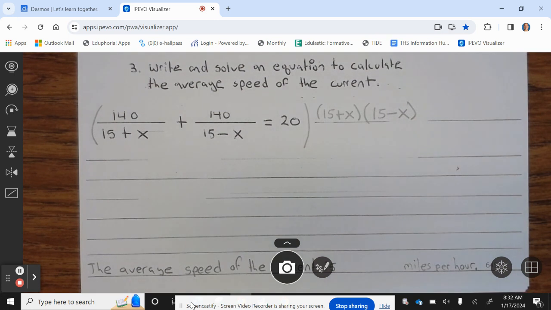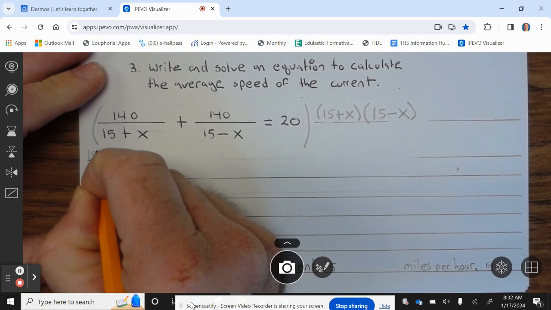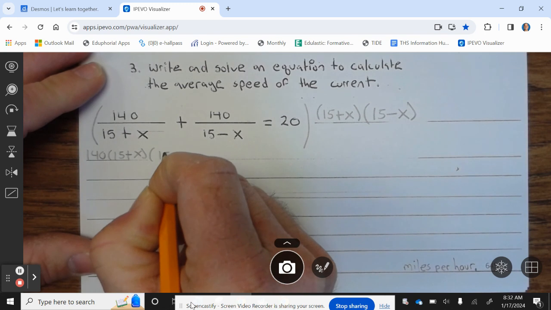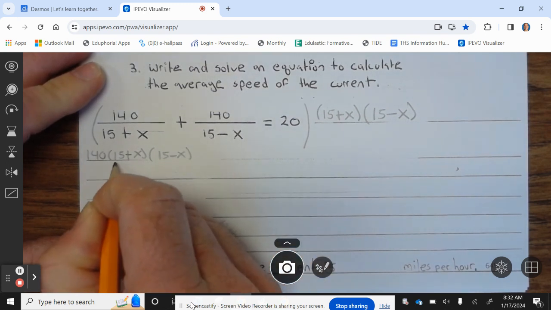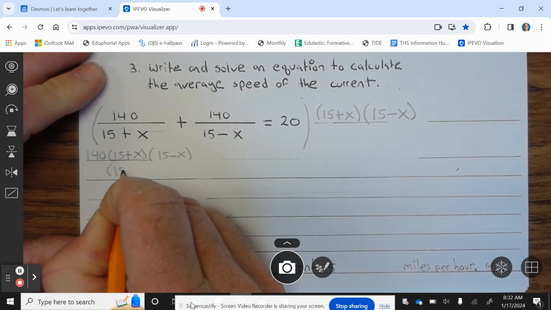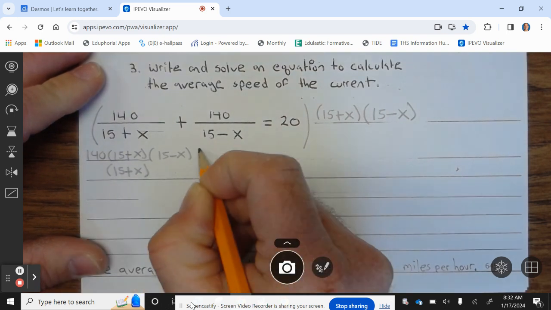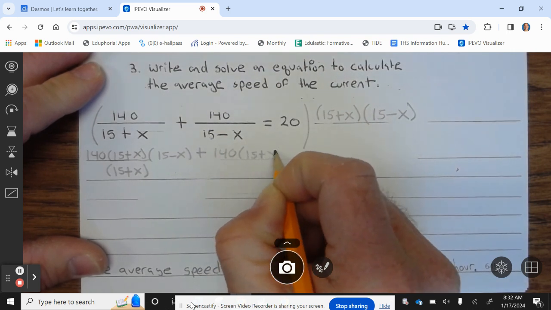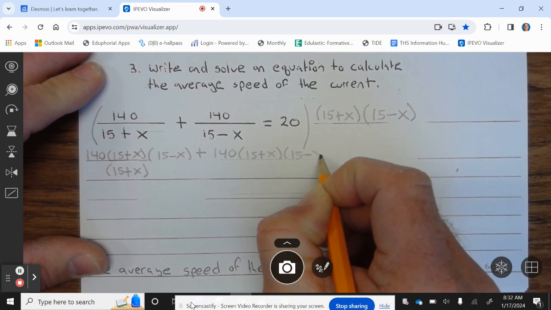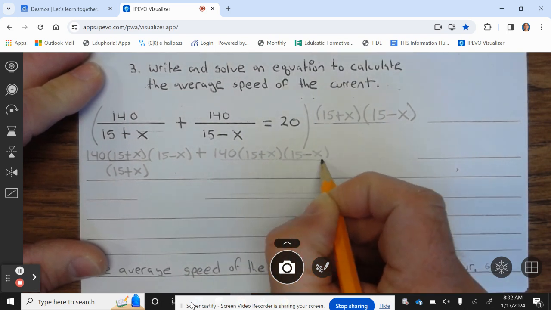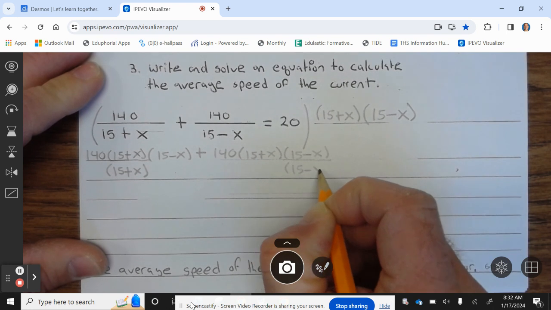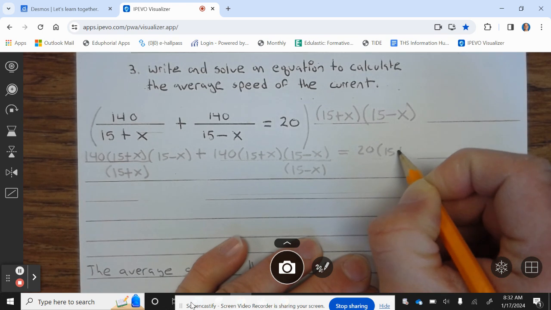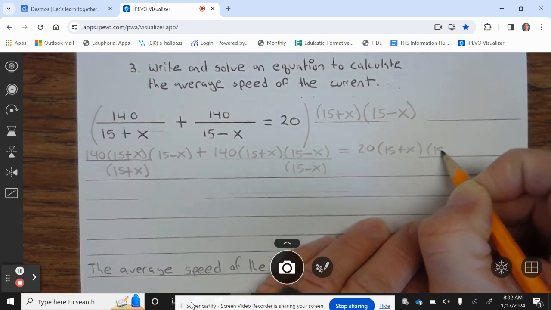All right, so let's go ahead and do that. So that's 140 times 15 plus x, 15 minus x, divided by 15 plus x, plus 140 times 15 plus x, 15 minus x, divided by 15 minus x equals 20 times 15 plus x, 15 minus x.